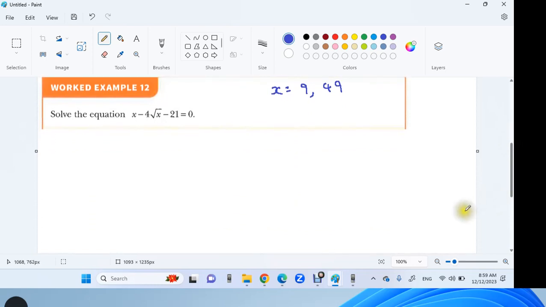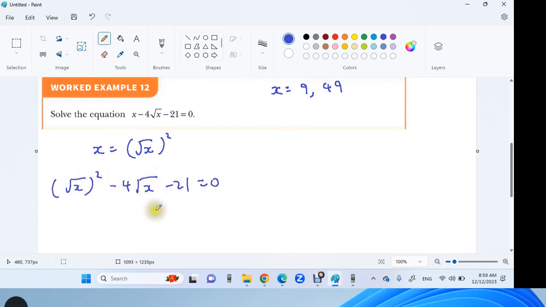For this question, if you don't want to use substitution, you must know one thing: x is actually the square of the square root x. If you don't know this, then you cannot do the advanced level method. So we have square root x squared minus 4 square root x minus 21 equal to 0.